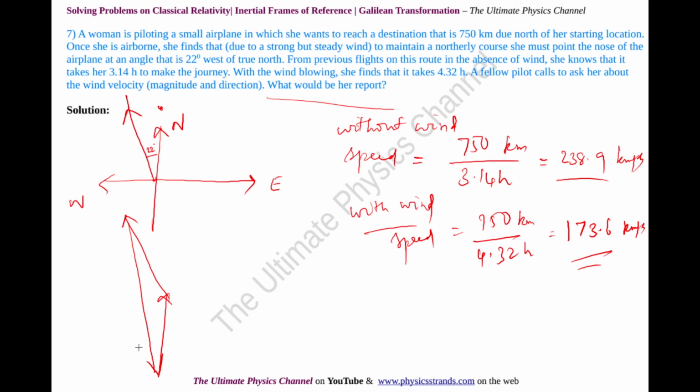So the wind direction is just a vector addition of these two vectors, and that is this direction. That is like the southwest direction, the actual direction in which the wind might be blowing.